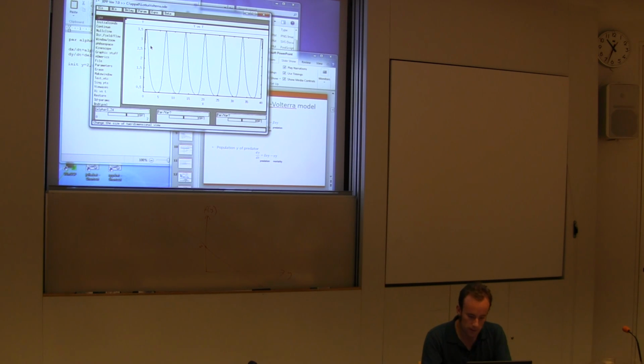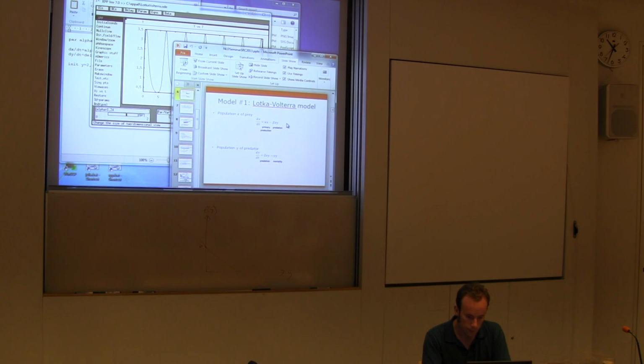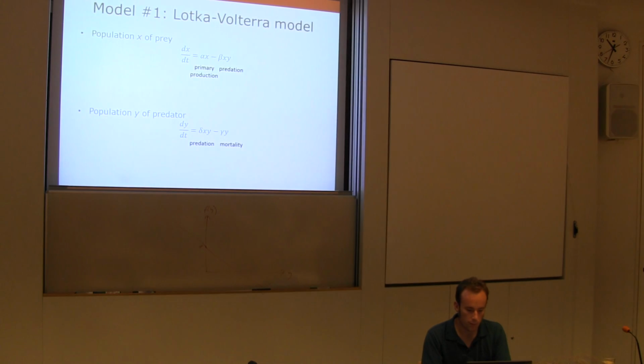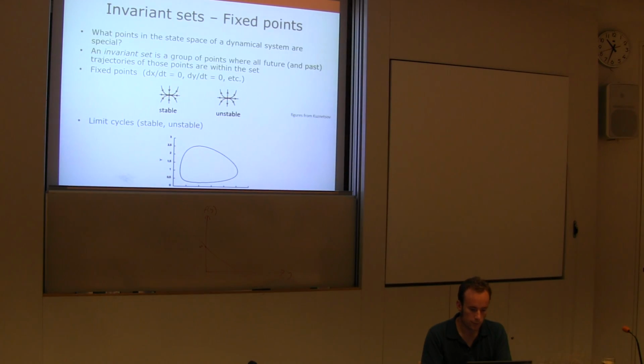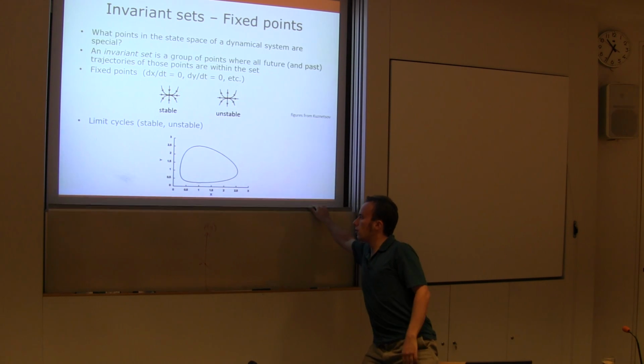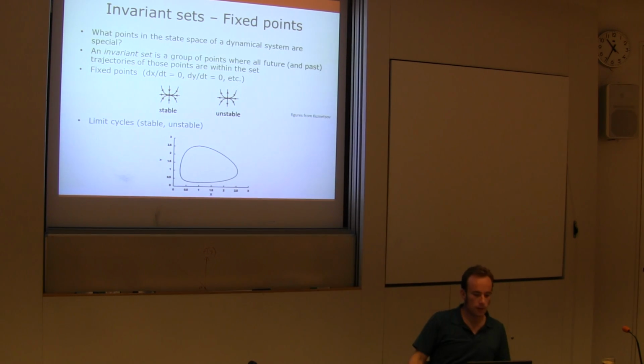Okay, so let's go on. So we have this state space, and I've copied down the bottom there one of the plots from the little Lotka-Volterra simulation. What points in the state space of a dynamical system are special that we want to pay particular attention to?